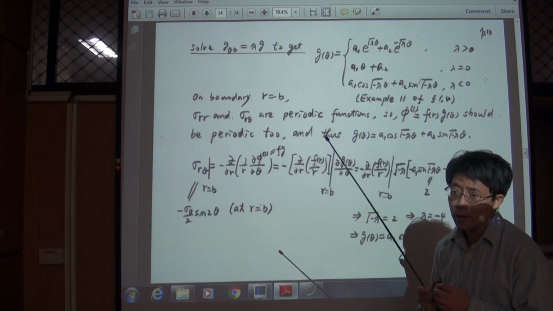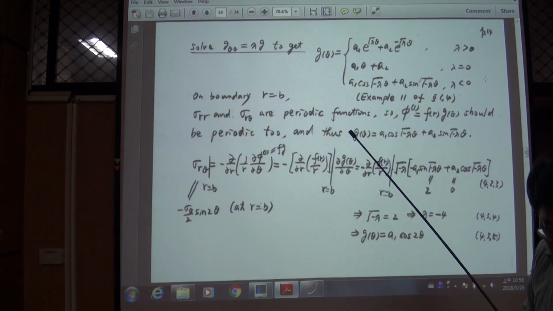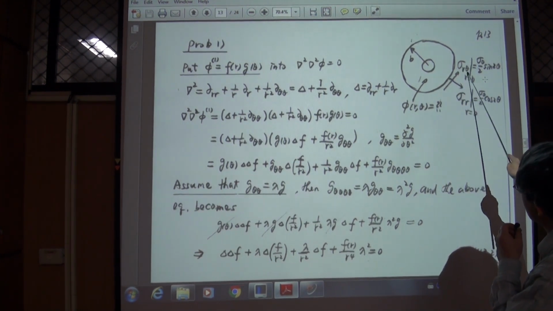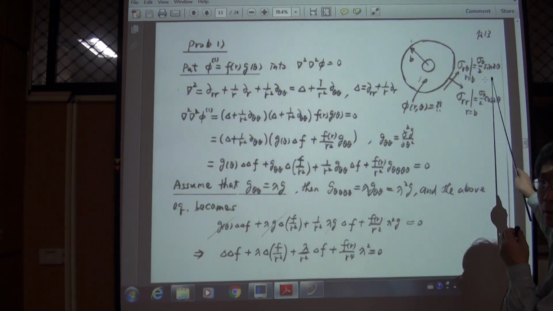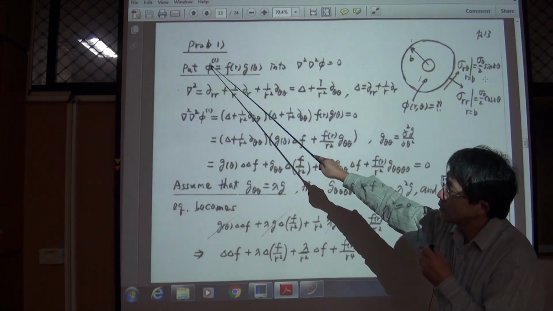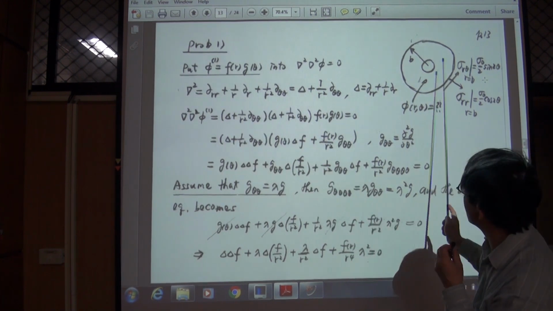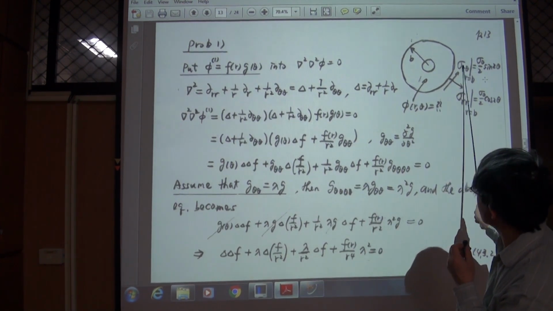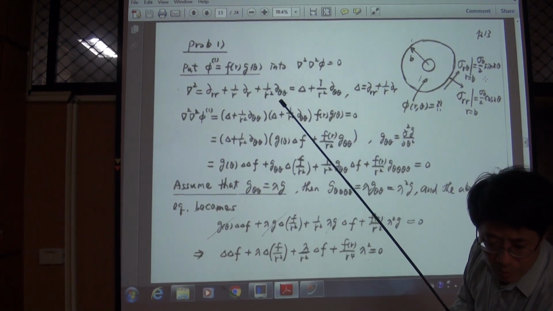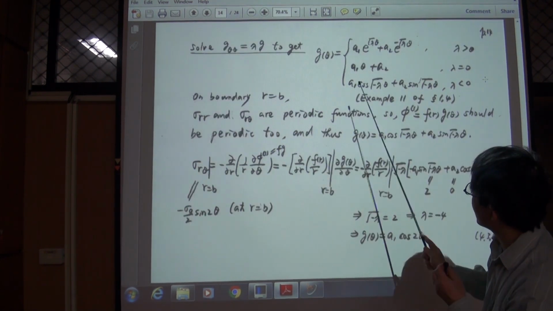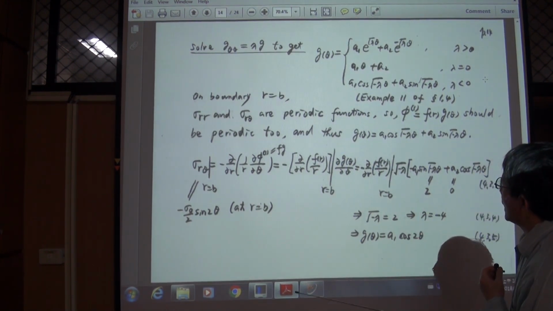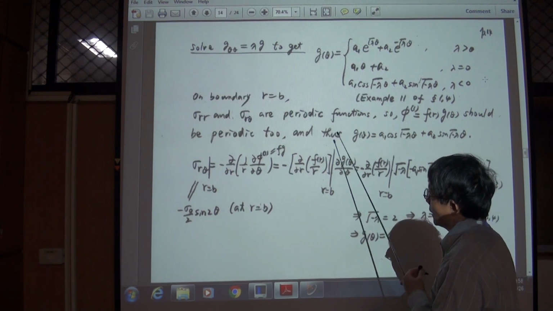Since the boundary conditions are sine and cosine, they are periodic functions. So from the stress function we compute the stress. If this is periodic, then this one must be periodic. As a result, we only focus on this part, the periodic function.